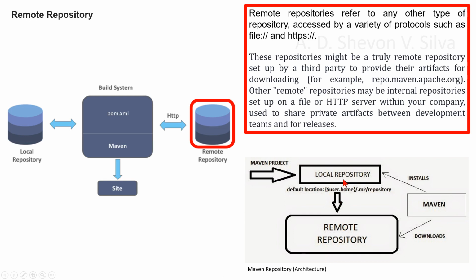Once the dependencies are downloaded, they are installed in the local repository. Once all dependencies are met, Maven compiles the code and the project.